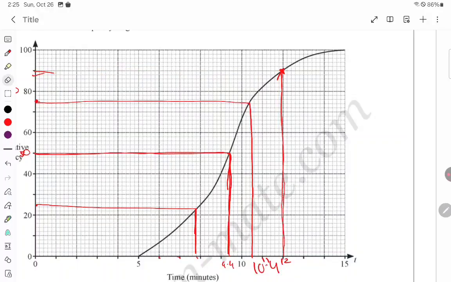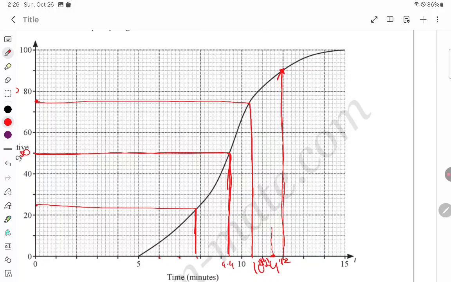Again, if you plot the graph, more than 11, more than 10, we can consider 11.5. This is our 11. This is our 12.